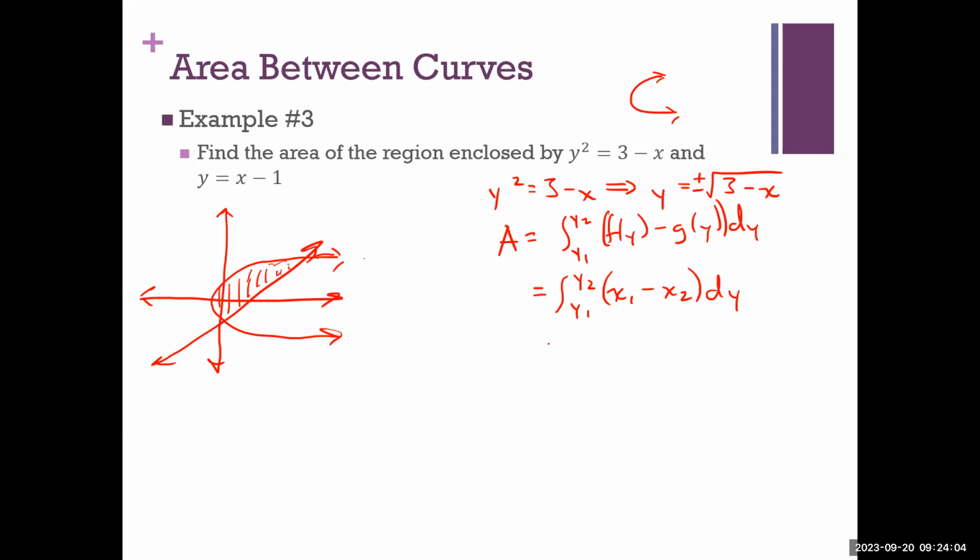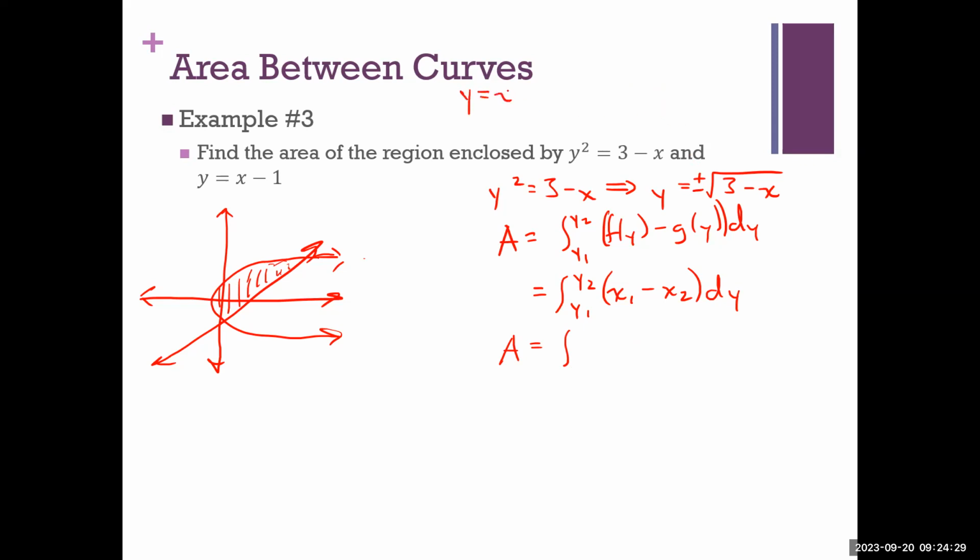If the right function is the greater function, then let's go a little further in setting up this integral. What should the integrand be? What is the right function going to be? The right function is the line, right?